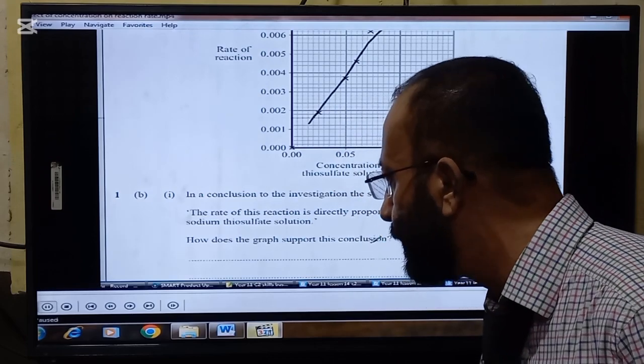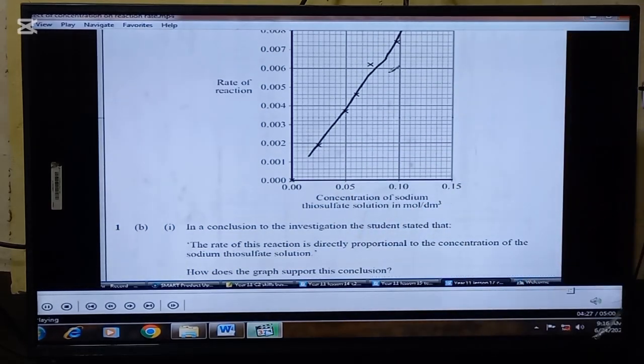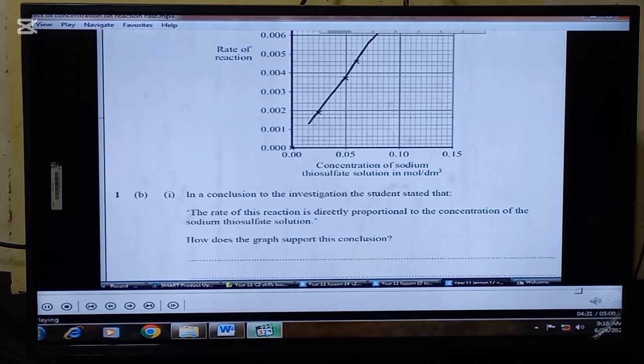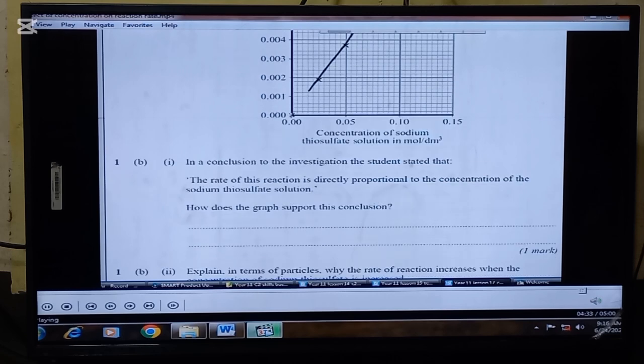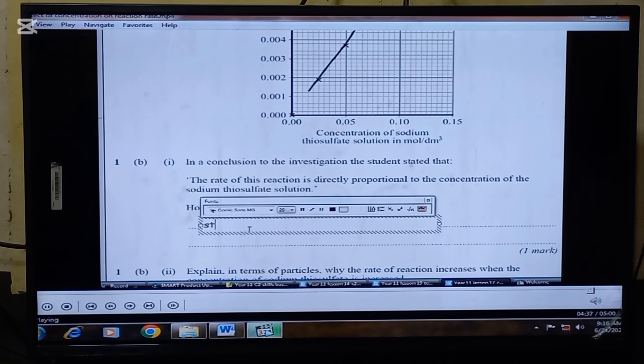So look now. The graph supports this conclusion. That is because it is a straight line going through 0, 0. That's the main point. So, that straight line going through the origin, 0, 0.